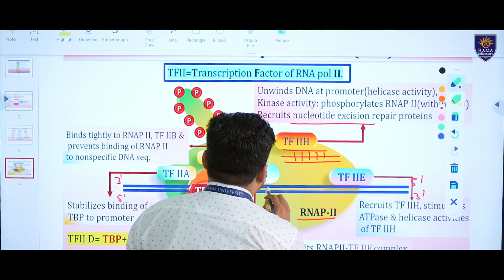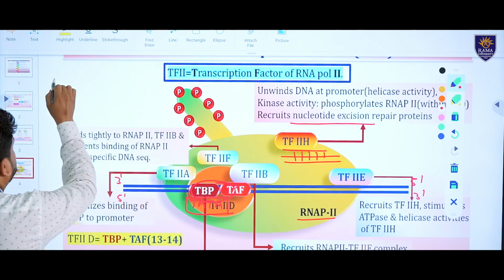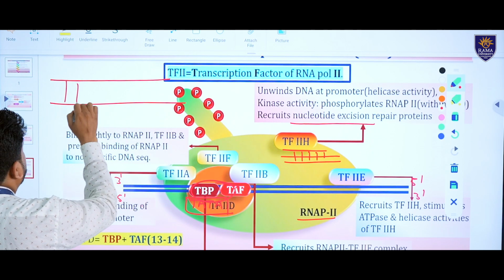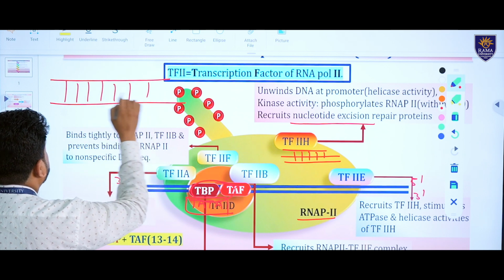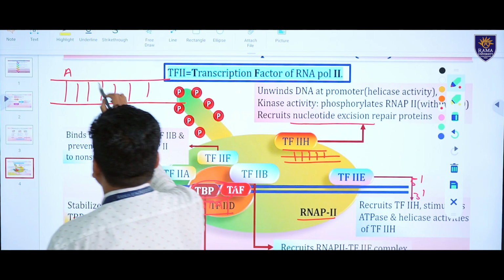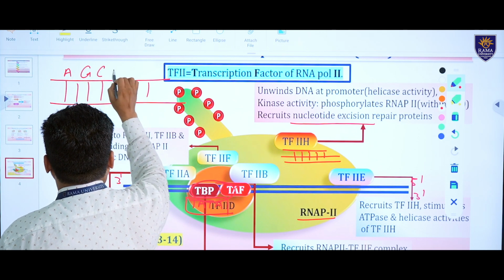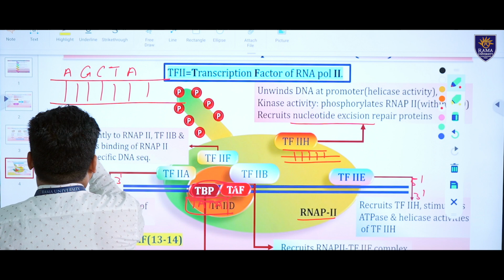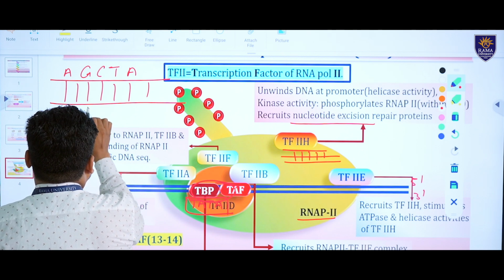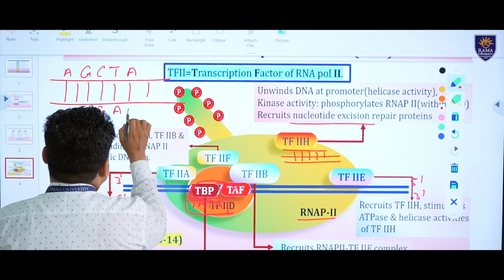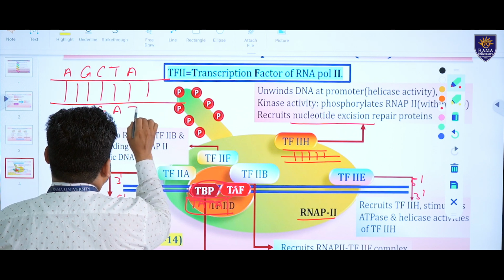And as you know, the double stranded DNA molecule has the nucleotide sequence adenine, guanine, cytosine, thymine, adenine, cytosine, guanine, adenine and thymine.